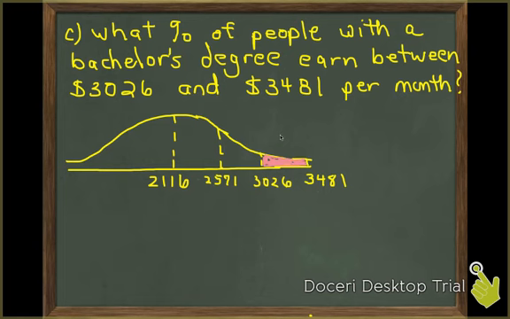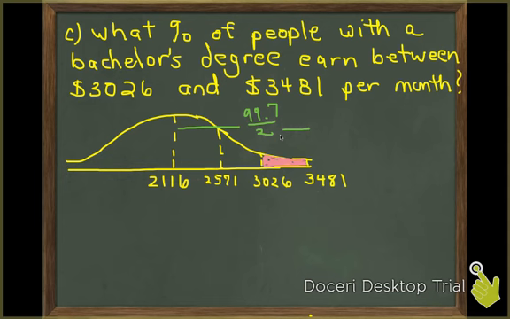So, if we think about the fact that from here to here, from the center out to 3 standard deviations, it would be 99.7 divided by 2%, because on either side, if you're 3 standard deviations to the left and to the right, that whole percentage is 99.7.